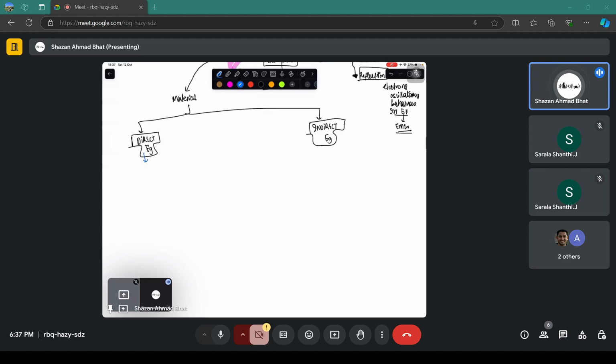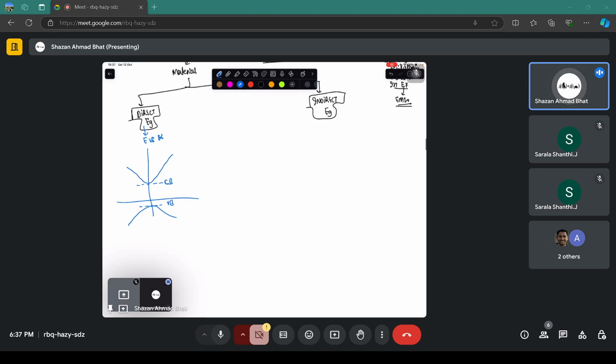If you talk about the E versus K diagram, if you have something like this, the minimum of this is the conduction band, and if you have another parabola, the maximum of which is the valence band, and this is E, this is K. If you have the minimum of the conduction band and the maximum of the valence band at the same K value, then this is called a direct band gap semiconductor.